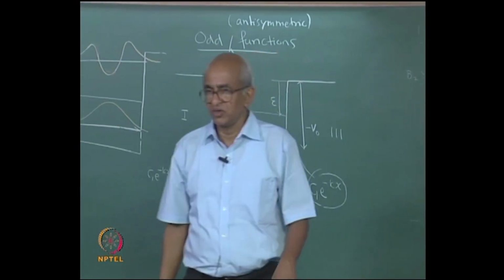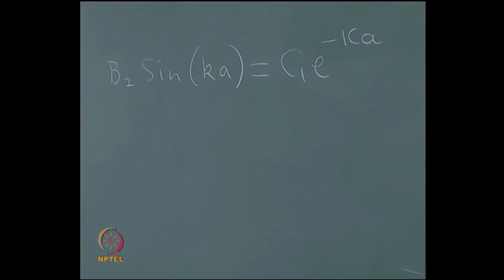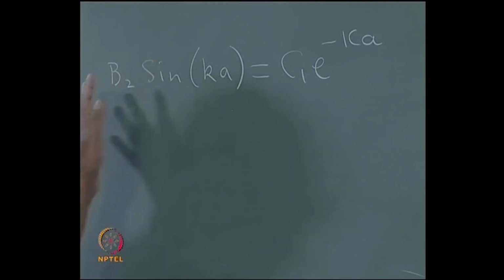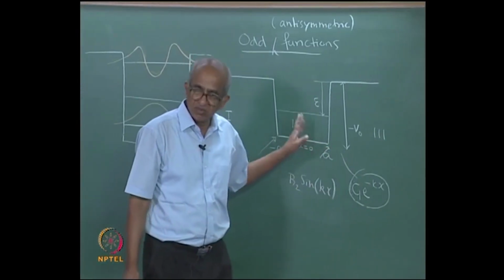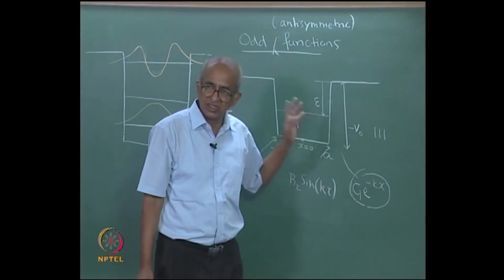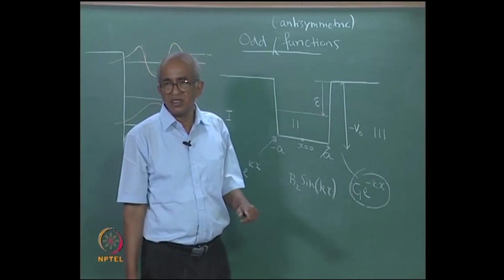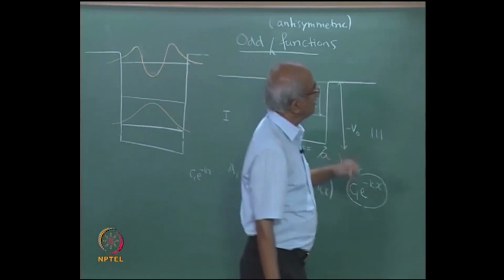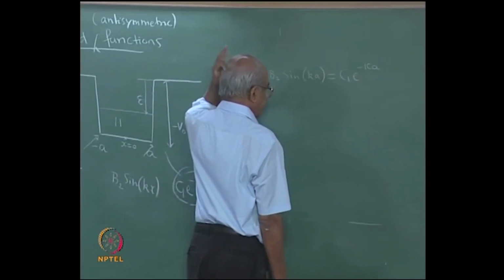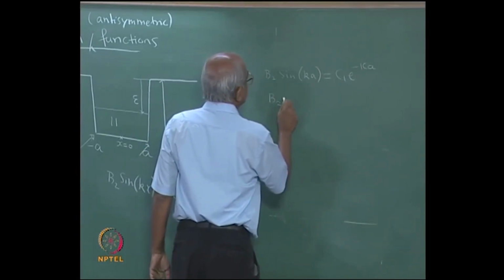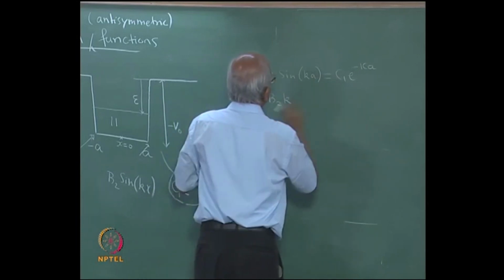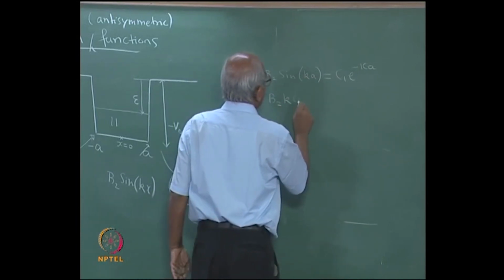This is the continuity of the wave function at x equal to a, the boundary between regions 2 and 3. Then the derivative of the function also has to be continuous. I will just write it because I would like to finish this part quickly.